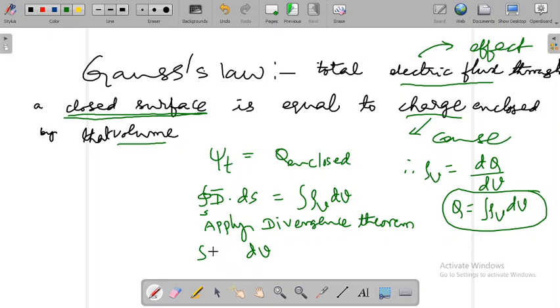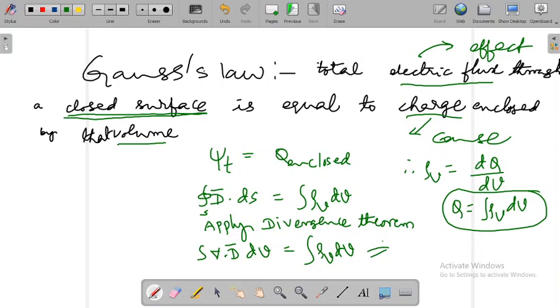Applying the divergence theorem to the LHS of this equation, this closed surface integral becomes a volume integral of the divergence of D bar dV, and on the right we have the integral of rho v dv.